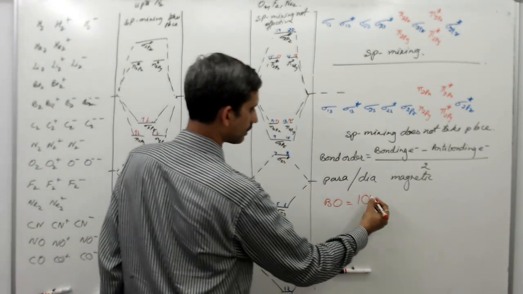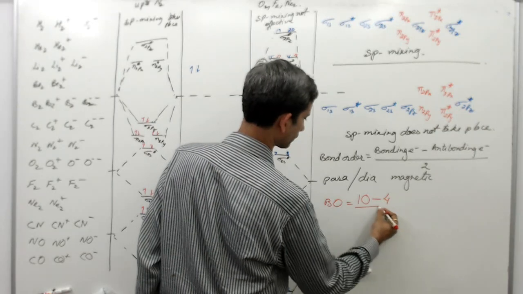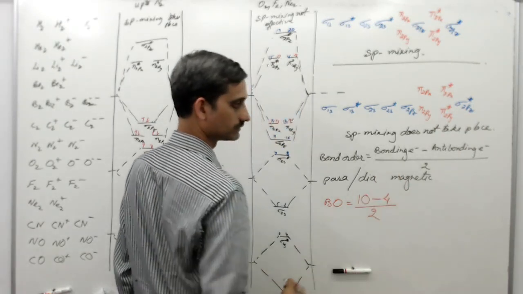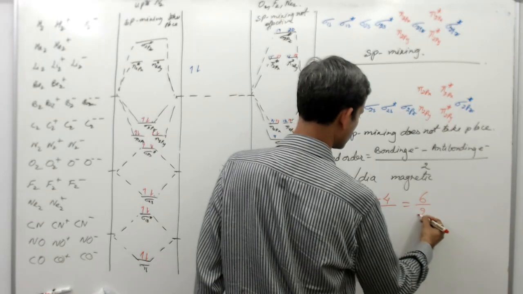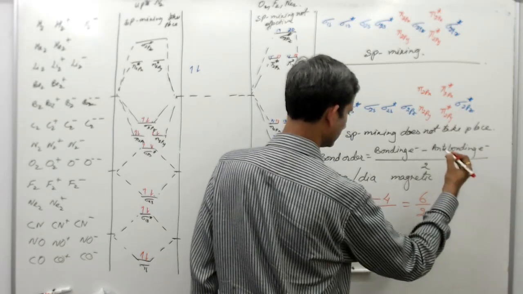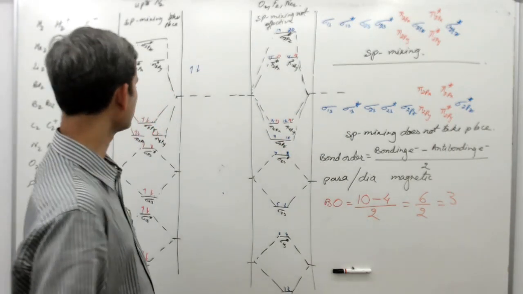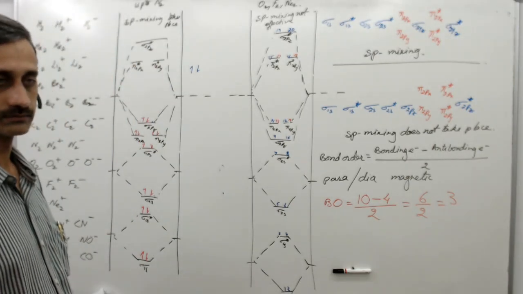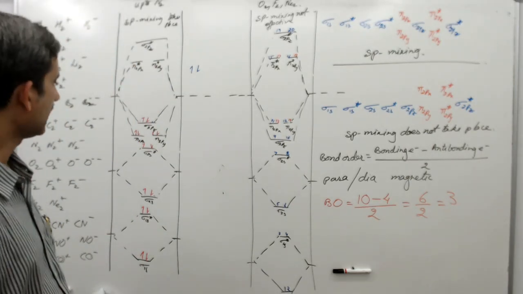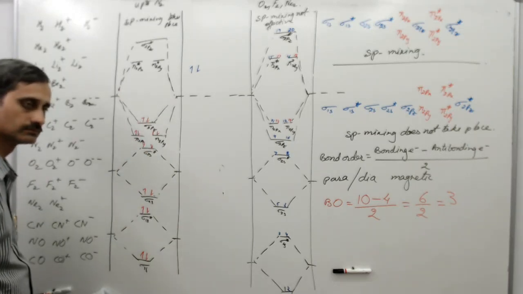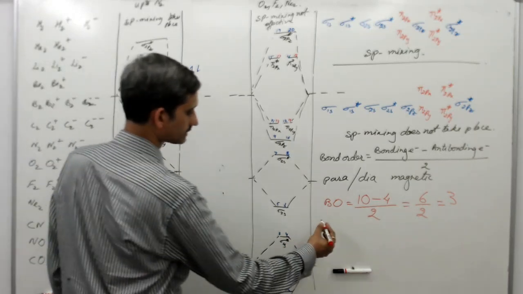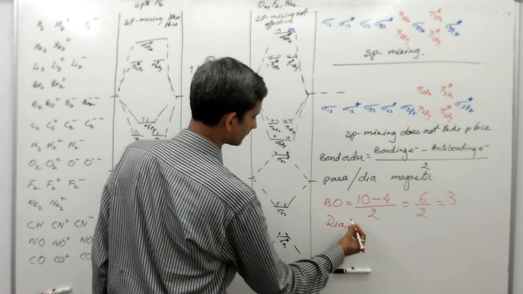So there are 4 anti-bonding electrons, divided by 2. So this becomes 6 by 2 equal to 3. So bond order of nitrogen is 3. And sir, as you can very well see, all the electrons are paired up. This is diamagnetic.